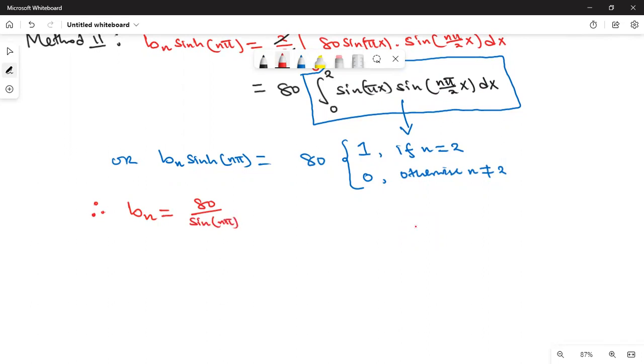That was sine hyperbolic. Let me correct it here before we propagate the error. Times 1 or 0. And we said it is 1 if n is equals to 2, and it is 0 otherwise. So times 1 if n is equals to 2, and 0 if n not equal to 2.